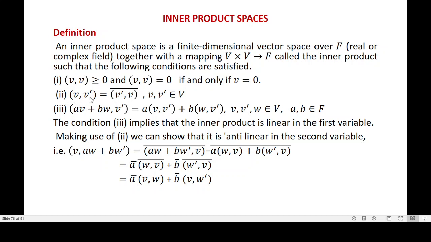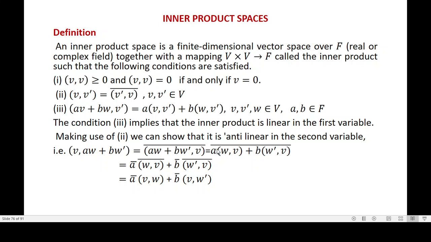The inner product of v comma v dash is equal to the conjugate of the inner product of v dash with v. Therefore, the inner product of v comma aw plus bw dash is equal to the conjugate of the inner product of aw plus bw dash comma v, that is equal to, using the third condition, the conjugate of a times the inner product of w with v plus b times the inner product of w dash with v.